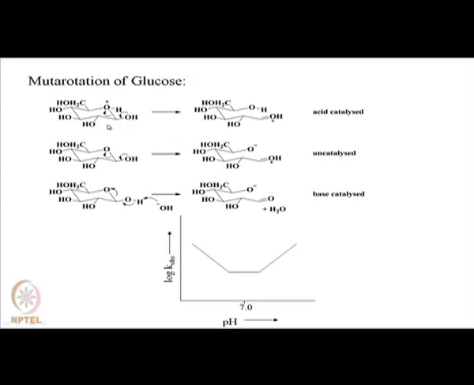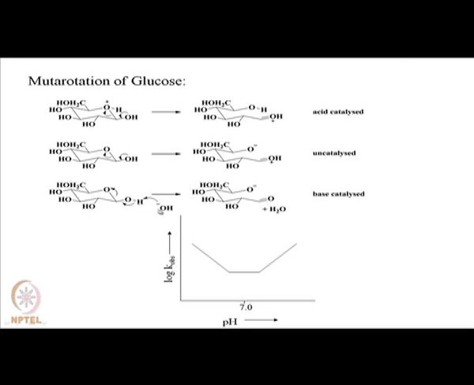So, this is a ring opening reaction, from a 6 membered closed structure to an open structure. This is the acid catalyzed mode, this is uncatalyzed, which is very slow, and this one is base catalyzed.